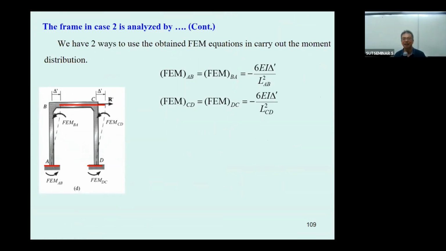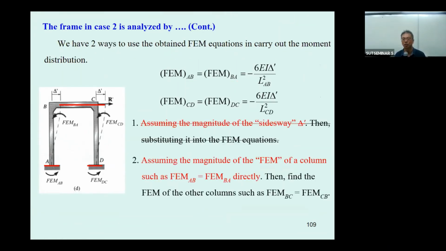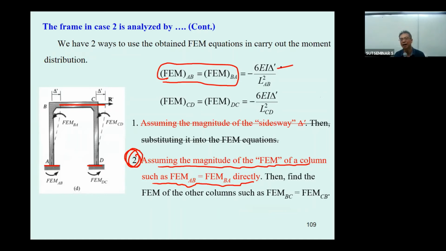That is what I would like to speak about over here. So follow what I did. We will assume the magnitude of the fixed end moment directly. And later you may also put the fixed end moment here, and you can determine the sidesway if you prefer.